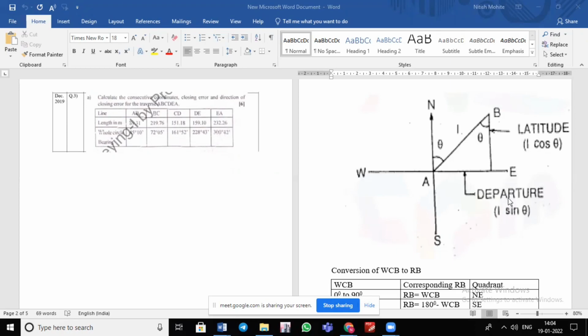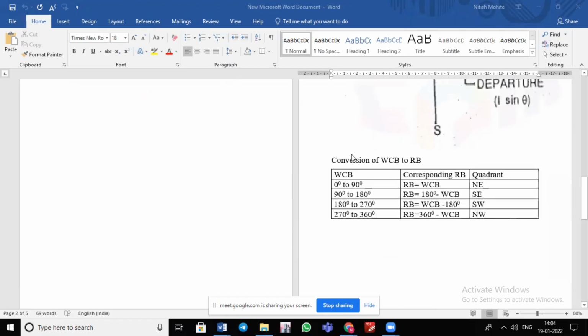It is denoted by capital D, and the formula to calculate departure is L sin theta. Similarly, L is the length of that side of the traverse and theta is the bearing.